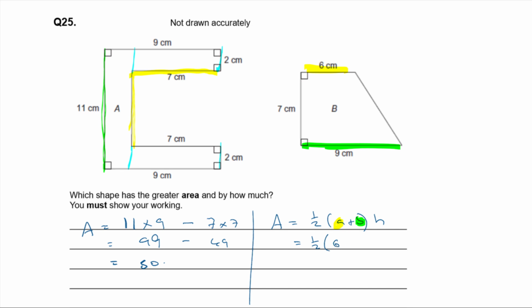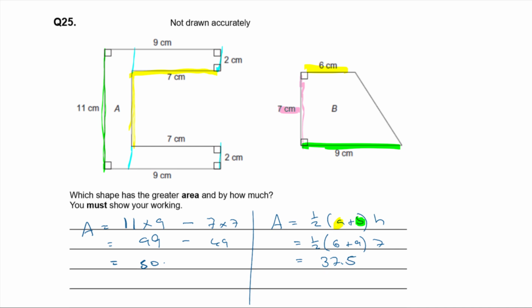Half of 6 plus 9, multiplied by the distance between them, which is the 7 there. So half times 6 plus 9 times 7. Well, 6 plus 9 is 15, half of 15 is 7.5. So it's 7.5 times 7. I'm just going to do it on a calculator, and that comes out to be 37.5.